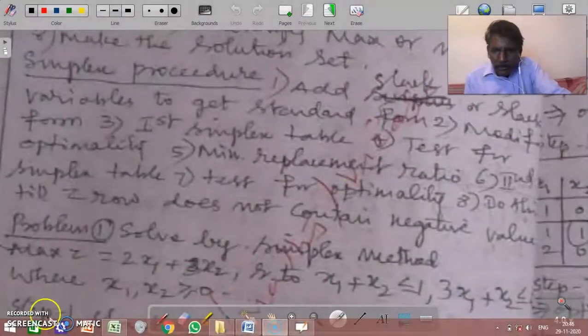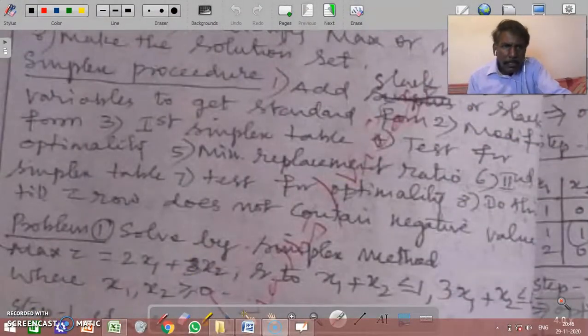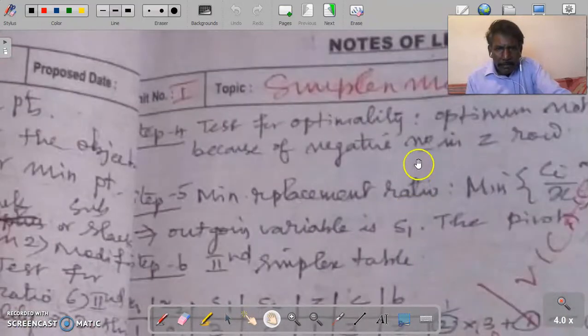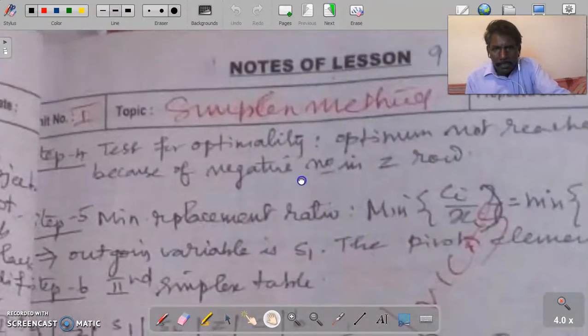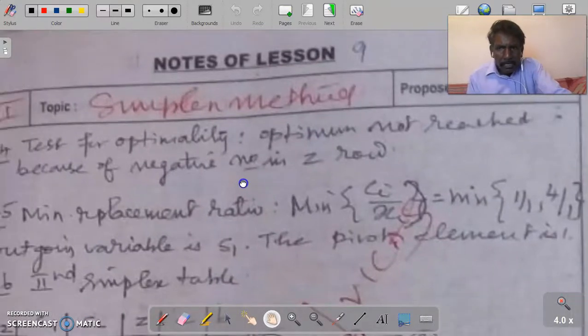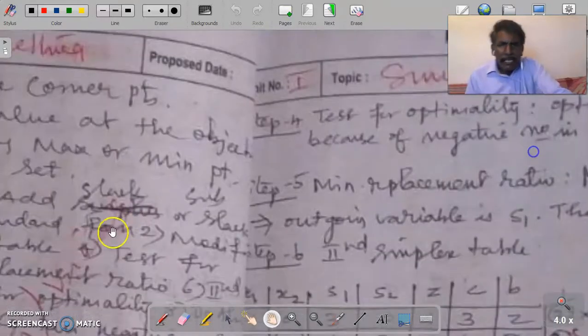We can check whether the steps have reached the optimum. Let us take the next step here. This is called the test for optimality. Optimality is not reached because of a negative number in the Z row.